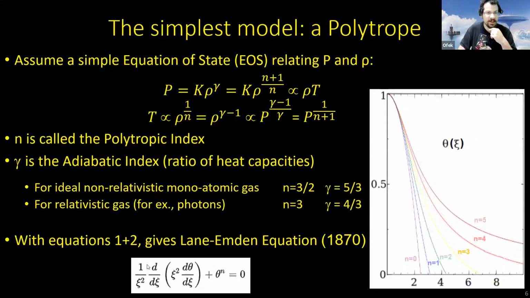But basically, we can replace the coordinate r, which has dimensions of length, with this xi, which is non-dimensional, has no units. We can replace our pressure, mass, density, etc., basically with powers of the function theta, which is also dimensionless. The scaling is basically relative to some typical length of the system, which will be R0, and the maximal density, which will be rho0, which is the density at the center.